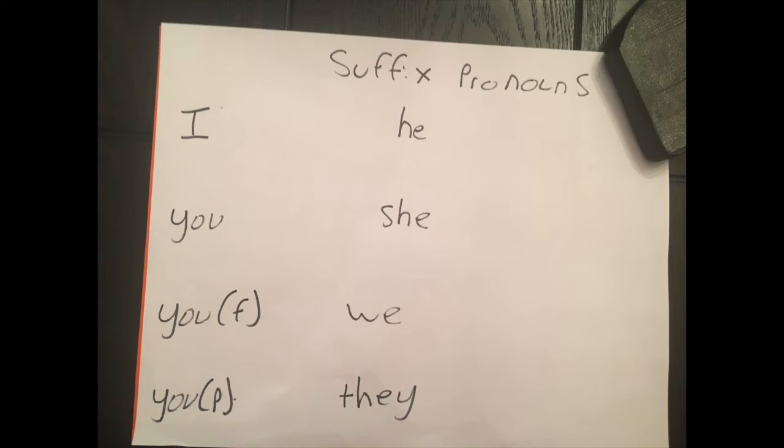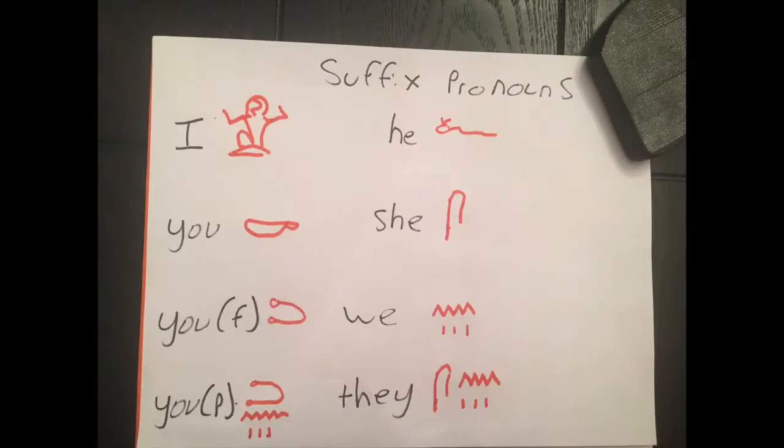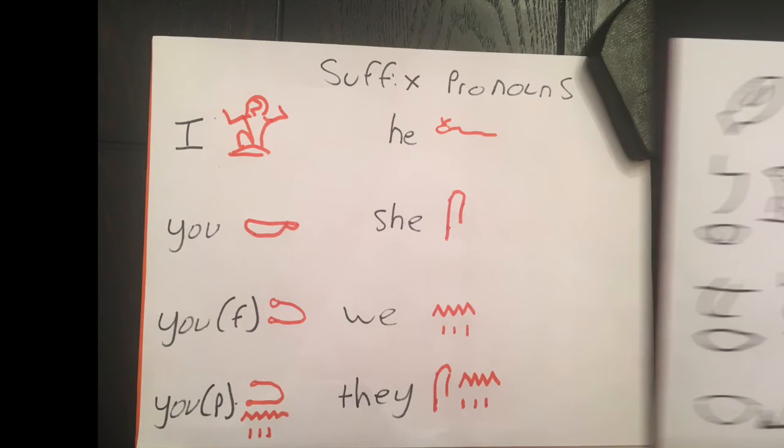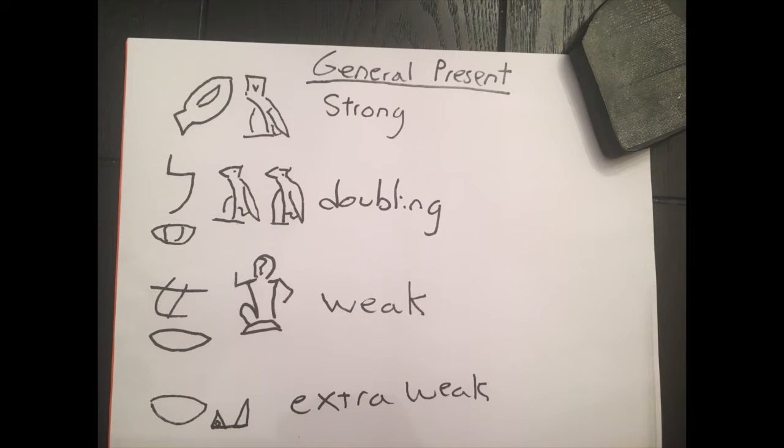These are very important to know. We did them a couple lessons ago, but make sure you're keeping track and making flashcards of these. So I, you've got your man, which is I. You have K, you feminine, T, you plural, TN, he, F, she, S, we, N, and they, SN.